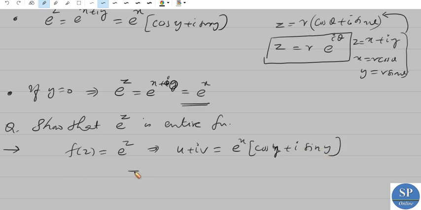From this the real part is u = e^x cos y, and the imaginary part is v = e^x sin y.